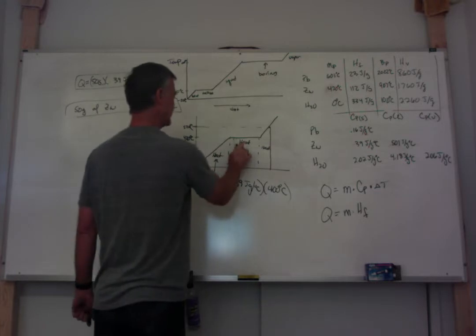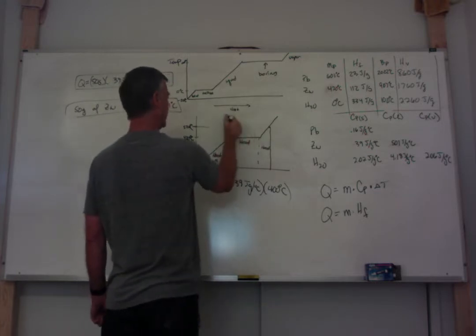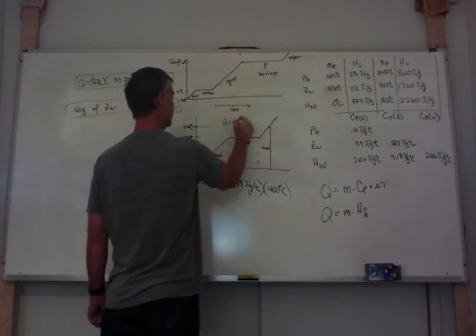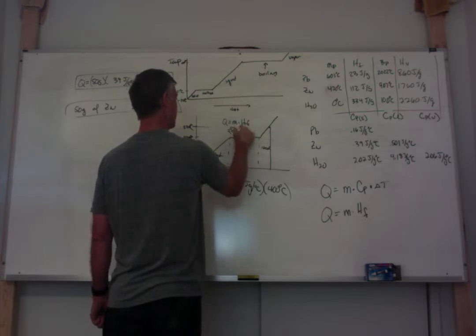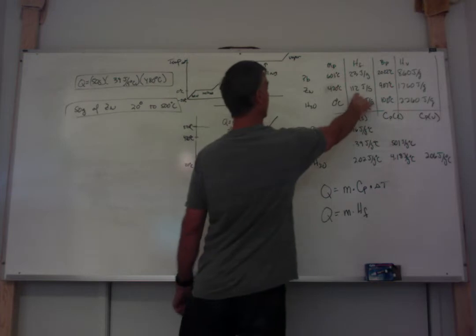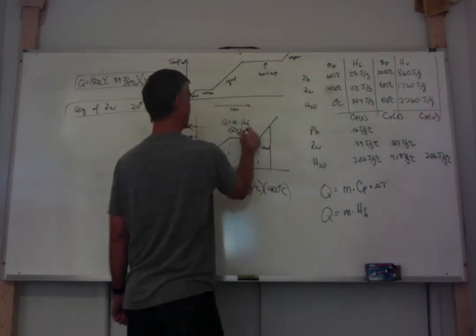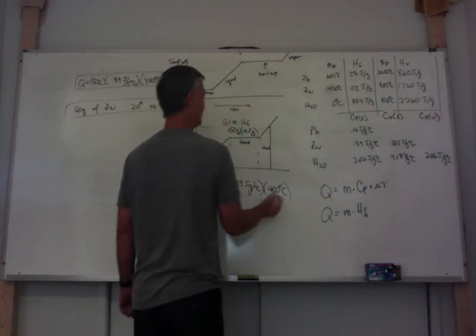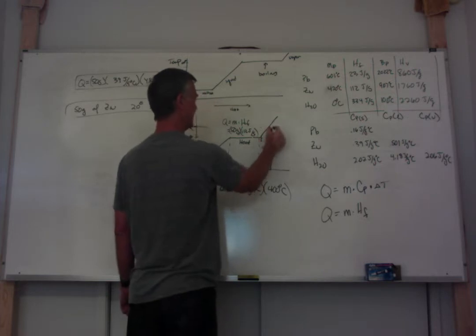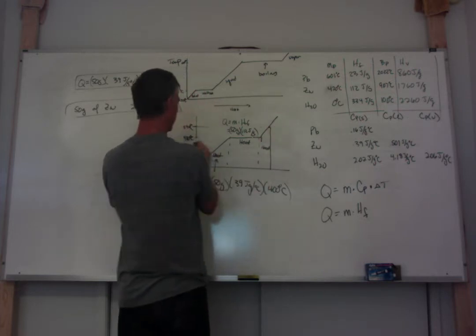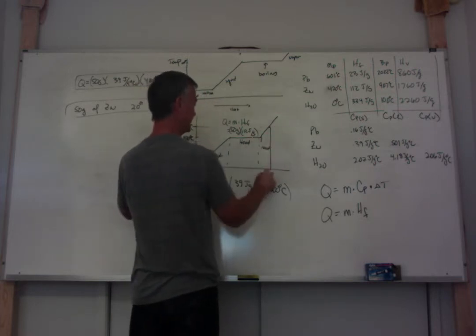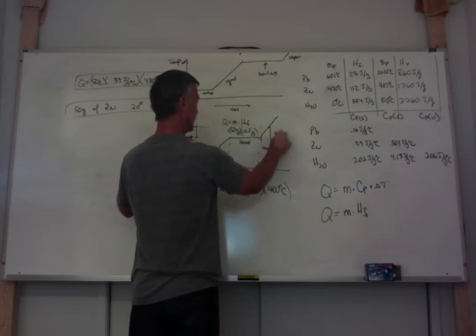The heat for this section, I'm going to do it up here, is going to be mass times heat of fusion. And that would then be 50 grams times the heat of fusion, which was 112 joules per gram. And then finally, this little section here, by the way, this is going from 420 to 500. This is 80 degrees Celsius.